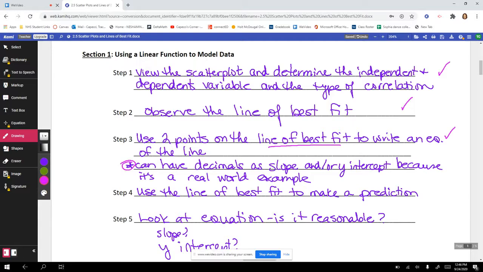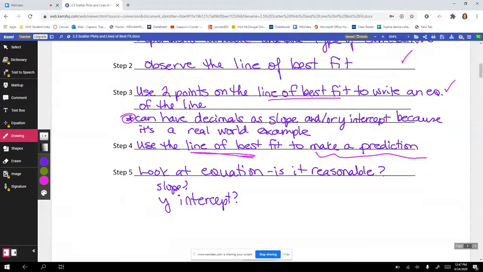From here, the point of using a line of best fit is making some sort of prediction. If this is how many houses are sold up to this point, what do I think the prediction is going to be in the next 3 years or 5 years or 20 years, whatever it is. And then you're going to look at your equation and decide, including with the prediction, does it seem reasonable? Does the slope seem like it's about okay?